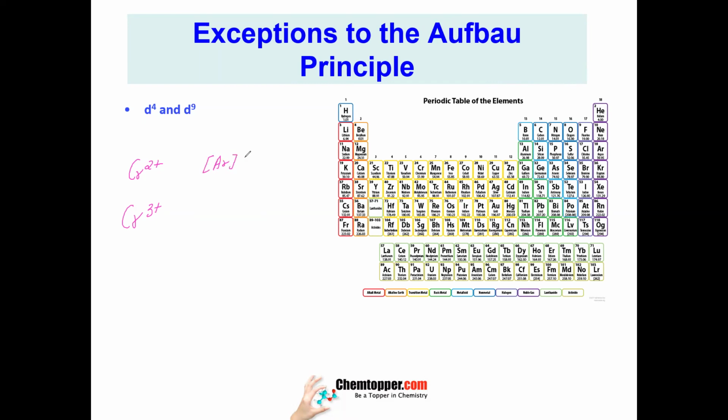Argon 3d4. Very good, both of you. Because chromium is argon 4s1 3d5. Now you want to remove 2. One will go from here, one will go from here. Yes, d small, Arnav.